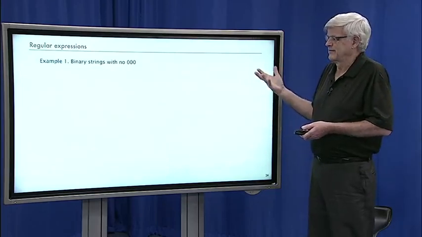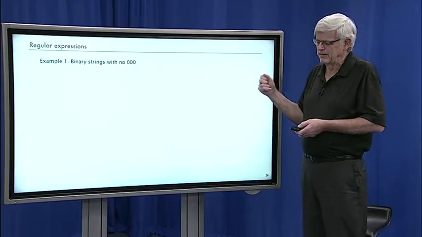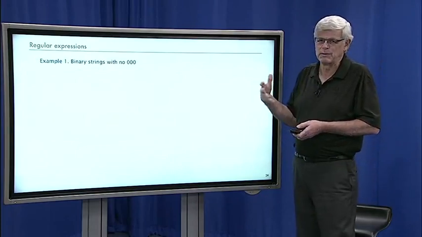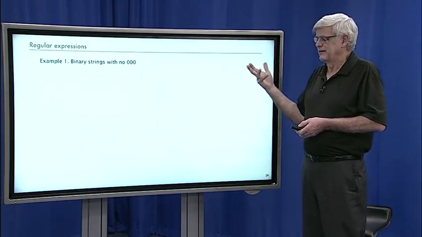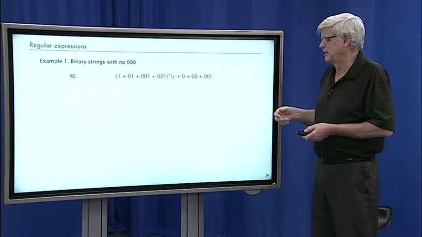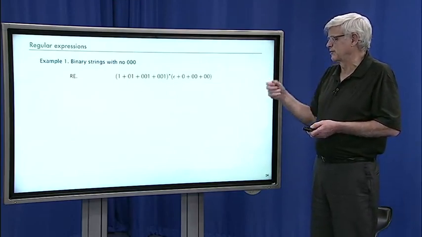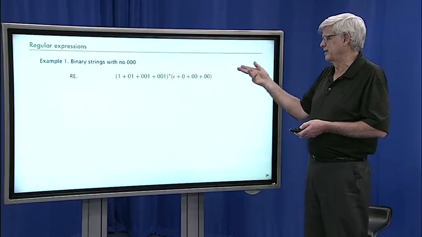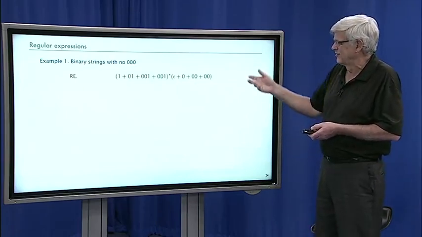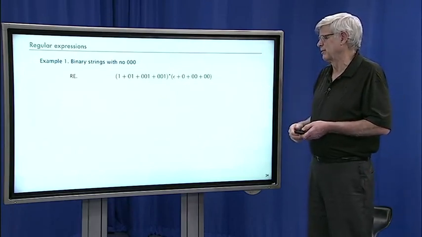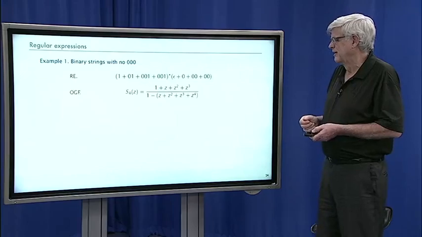That's just a quick look at the landscape with regular expressions. It's a fun way to think about enumeration problems, because people are maybe more used to regular expressions. But there is the issue of ambiguity. Like we did with binary strings with no zeros, this is that derivation in regular expression language. That's an RE for binary strings with no 0, 0, 0.